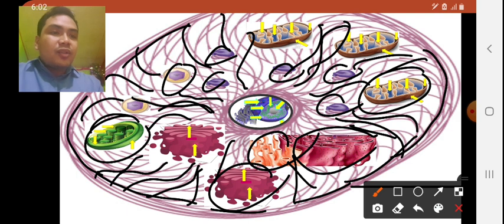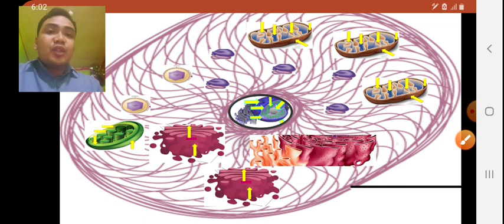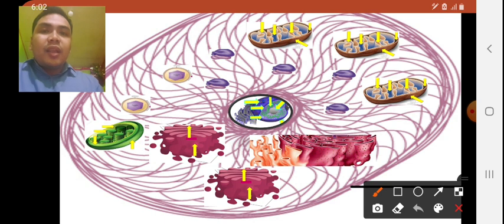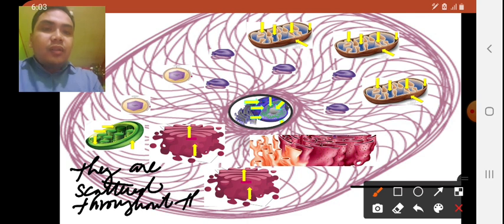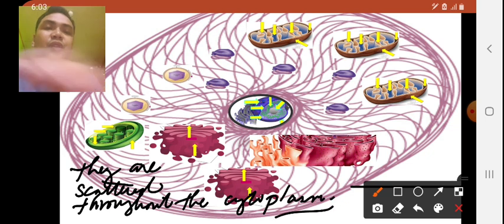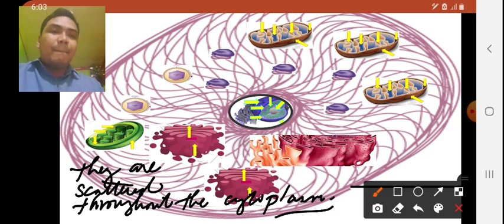Okay, so let's write first the main idea, that is intermediate filament. These are fibers that are scattered throughout the cytoplasm, along with the different organelles of the cells that we tackled from the previous video instruction.